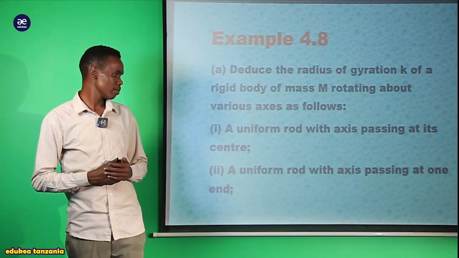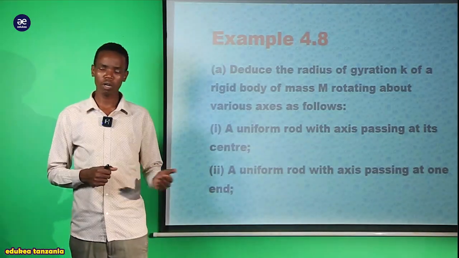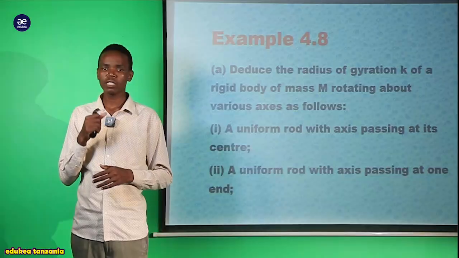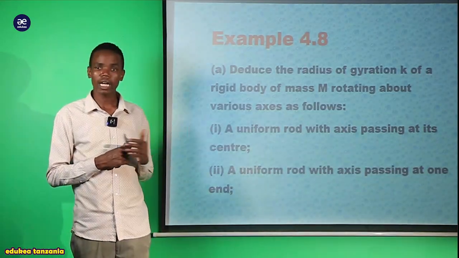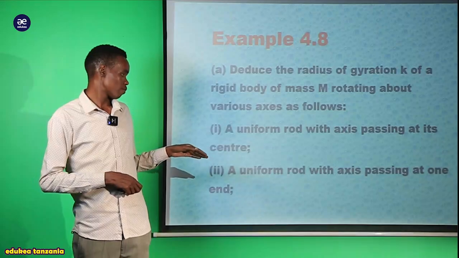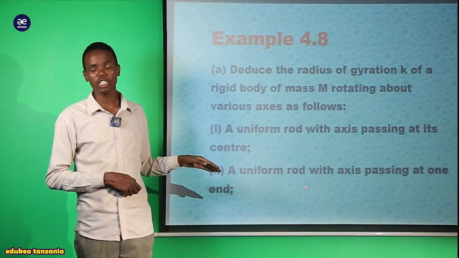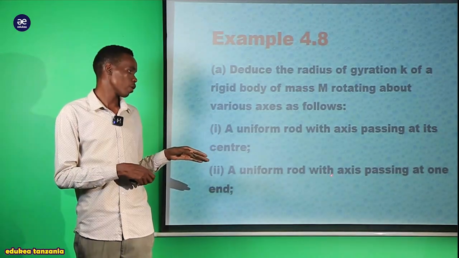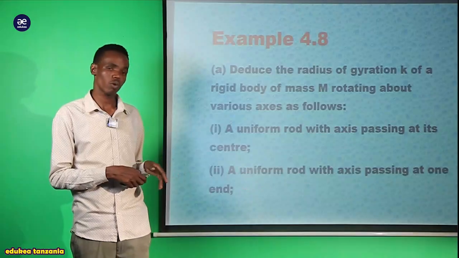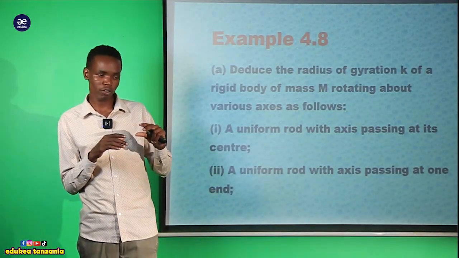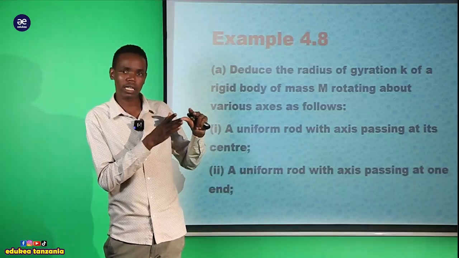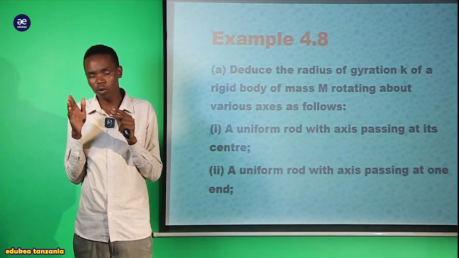In Roman 2, we are supposed to deduce the radius of gyration for the uniform rod with the axis passing through one end. Instead of the center, now let us look at one end.